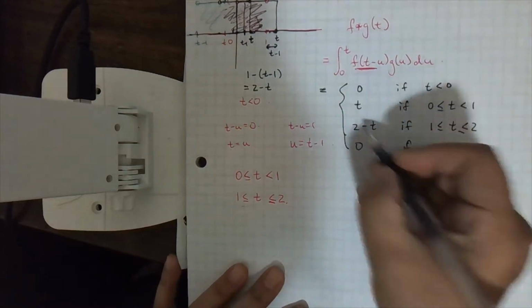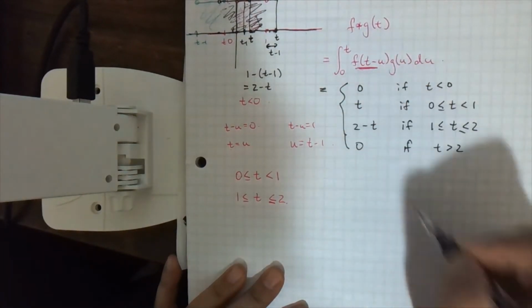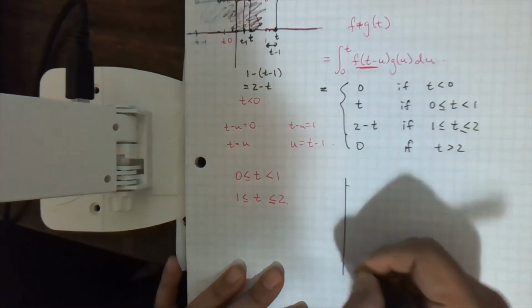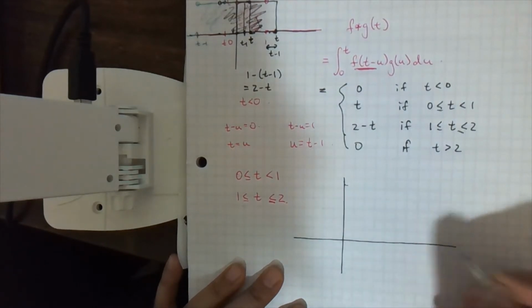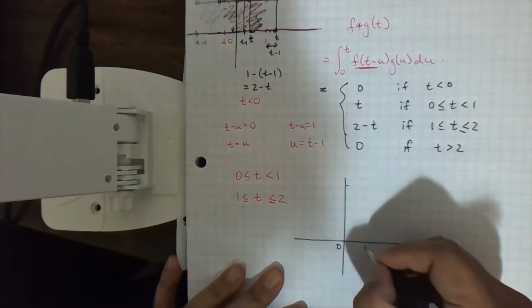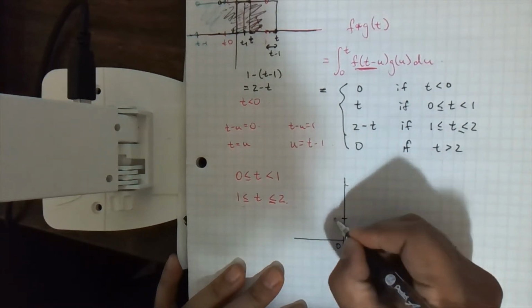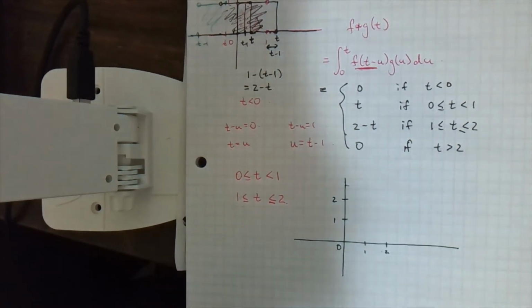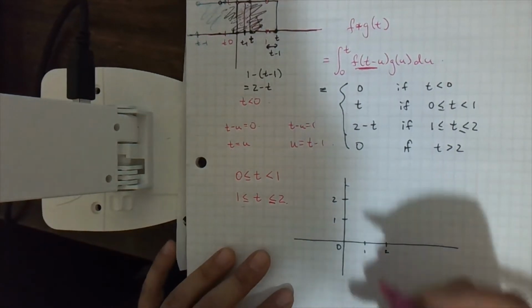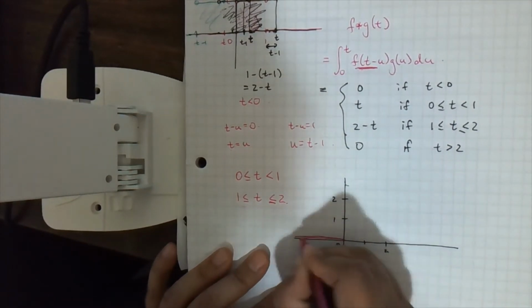And let's look at a graph of this function. So this is going to be a graph of the convolution. Let's see, we'll put 0, 1, 2 this way, 1, 2. Okay, so what happens? We have 0 if t is less than 0.